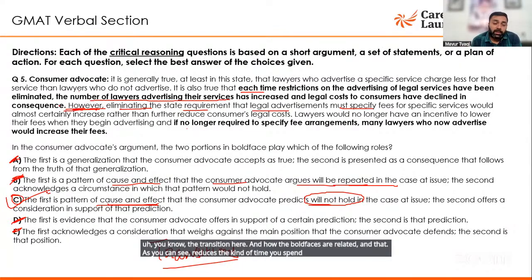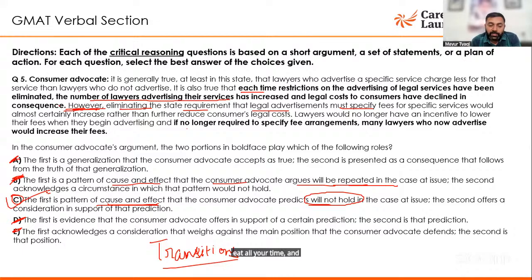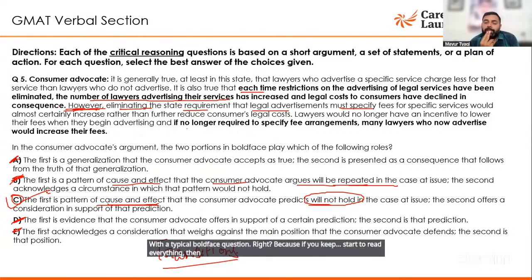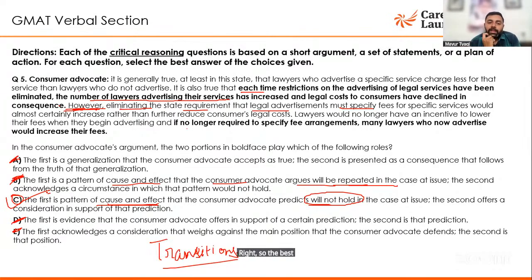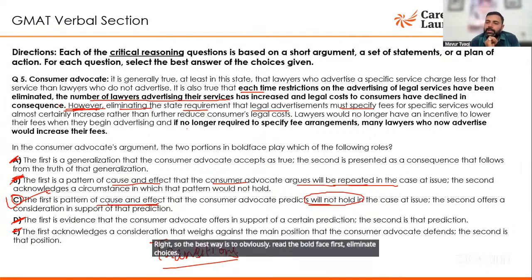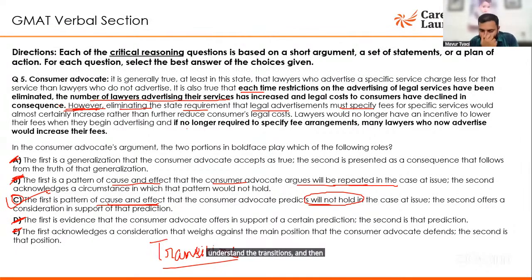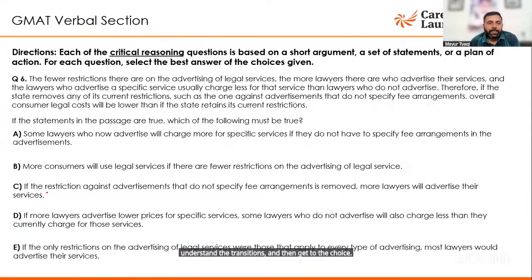A boldface question can really eat all your time, and you've got to be very careful with a typical boldface question, right? Because if you start to read everything, then it gets very difficult. Then things will get out of hand, right? So the best way is to read the boldface first, eliminate choices, understand the transitions, and then get to the choice. All right.